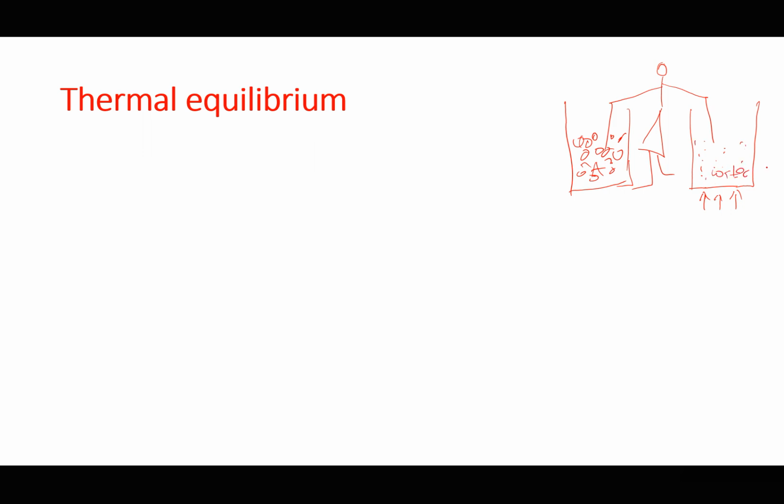So this particular person will get a sensation that this side is cold. Perhaps if it is ice, it is 0 degrees Celsius. I don't know whether somebody can touch in boiling water, but let's say this is heat. That means the water is at a relatively higher temperature. Normally our everyday idea of temperature is based on a sense of touch. We cannot really smell and say, okay, the temperature is high.